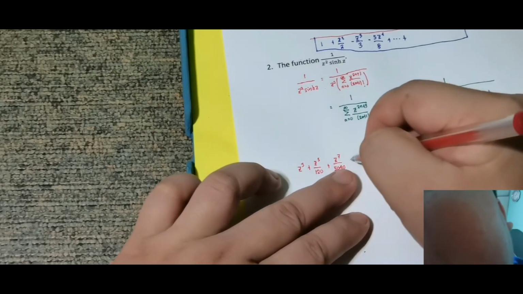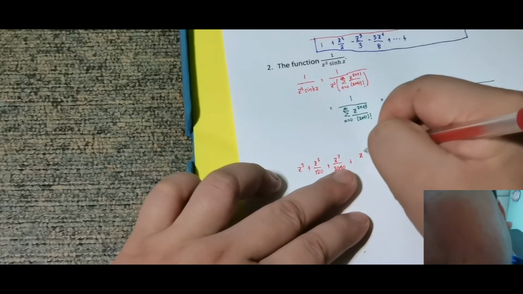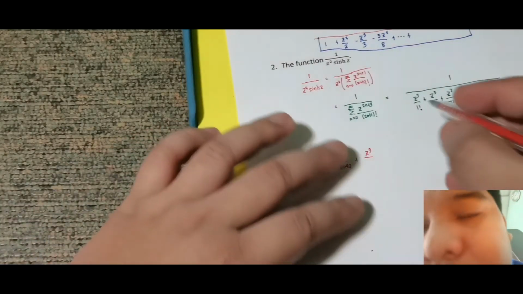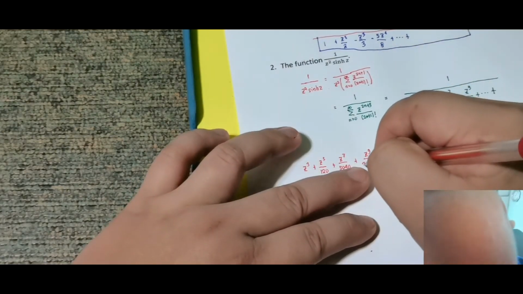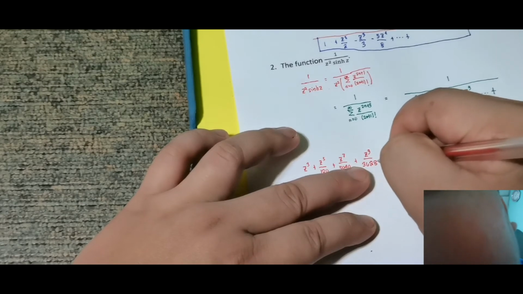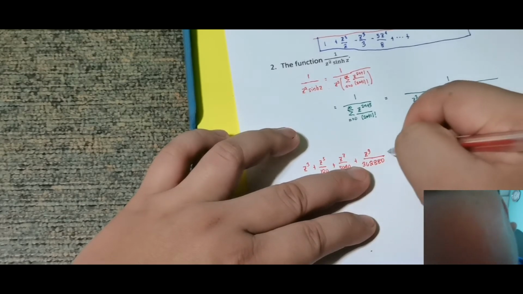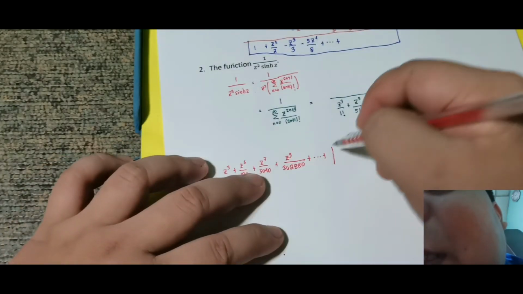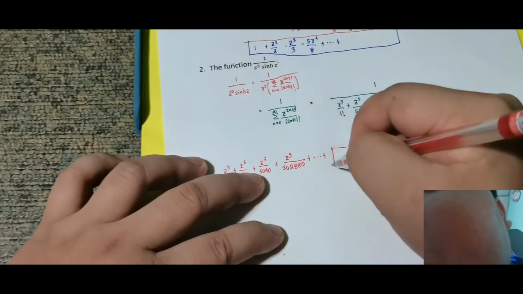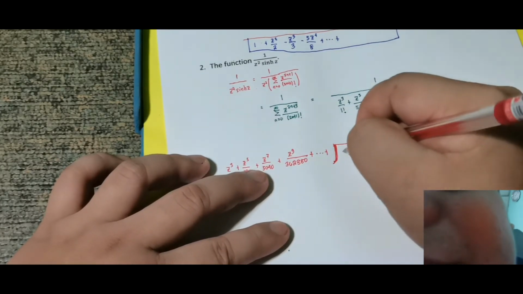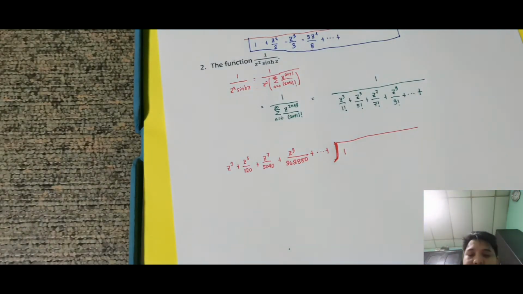Then plus z to the 9 over 9 factorial, that is 362,880. Okay, then plus that plus, then divide natin lahat yan by, so ganito kasi yung sign talagang division. So 1. So ganyan ang mangyayari.